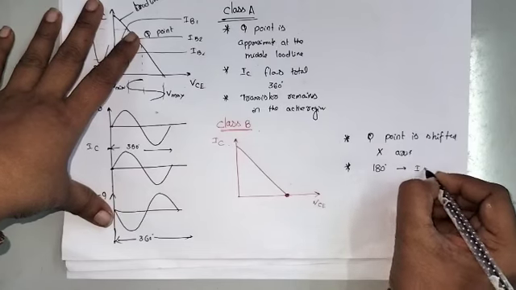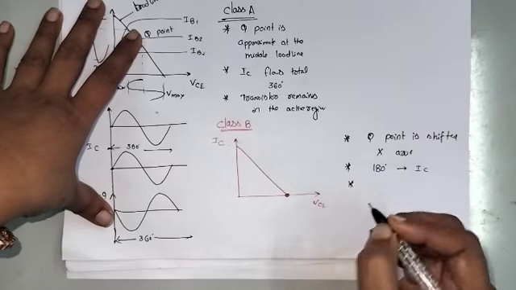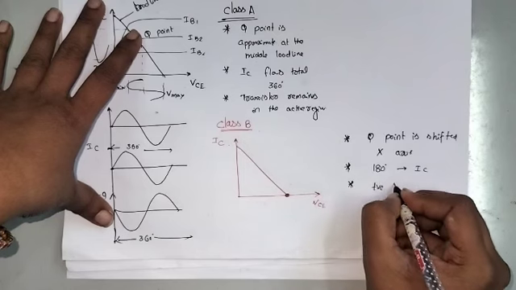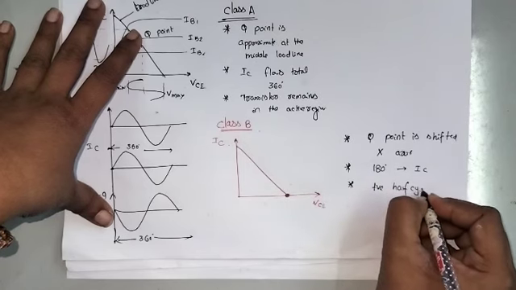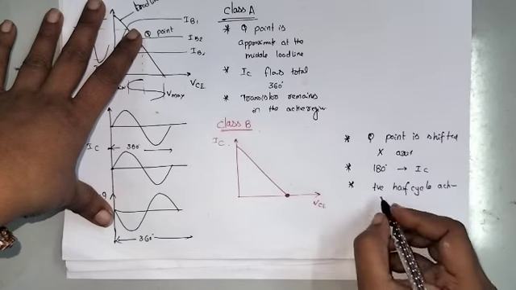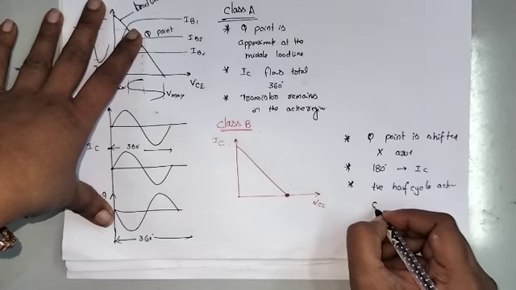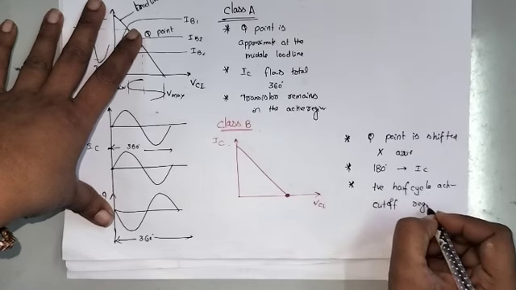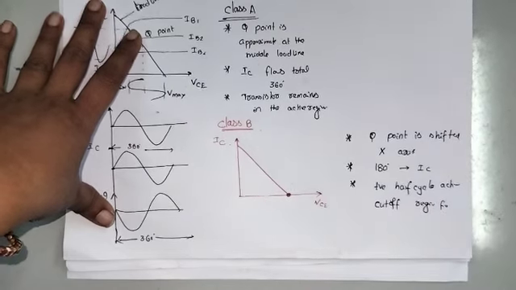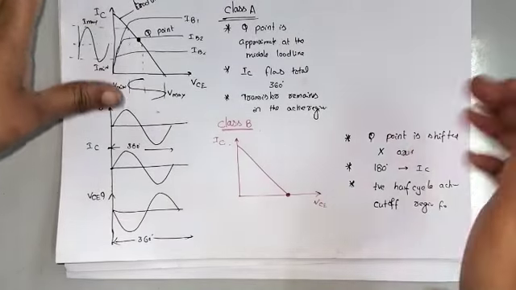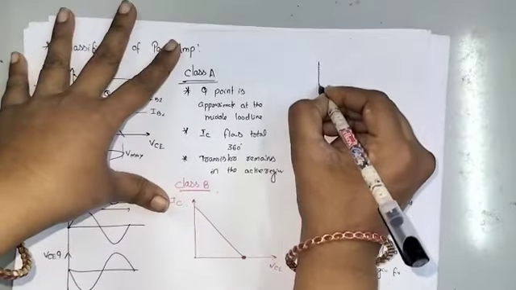The transistor remains in the active region for the positive half cycle, and it enters into the cutoff region for the negative half cycle.